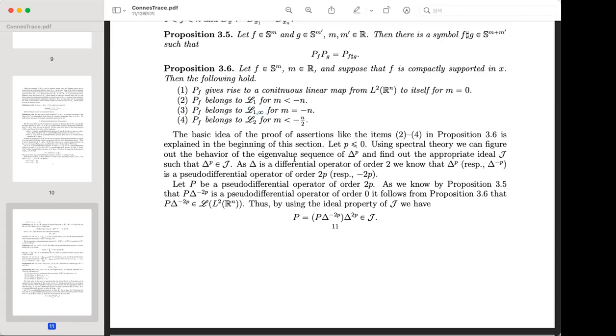Okay, so let me just give you the basic idea of the proof of statements like this in Proposition 3.6.